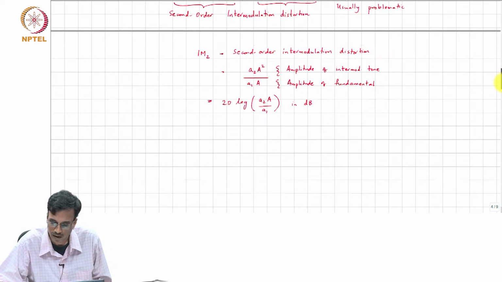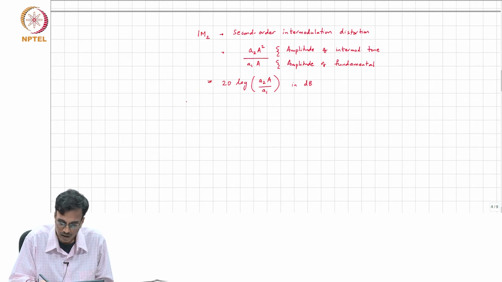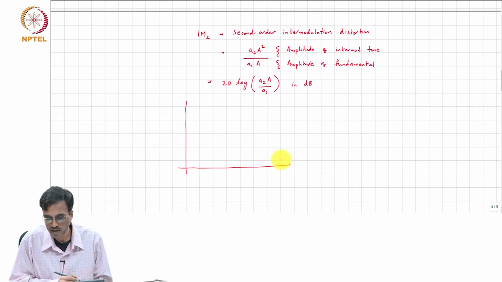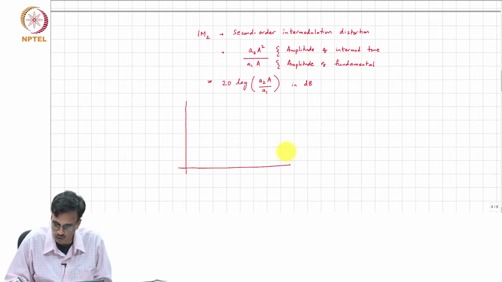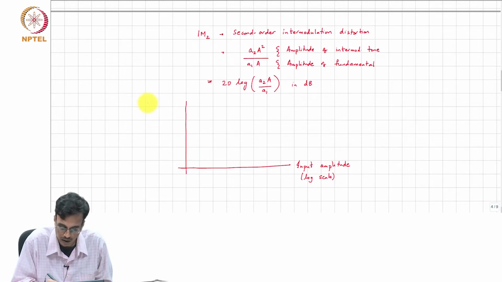Often a way of measuring how linear the amplifier is, is to plot the input amplitude on a log scale and plot the output amplitude also on a log scale.